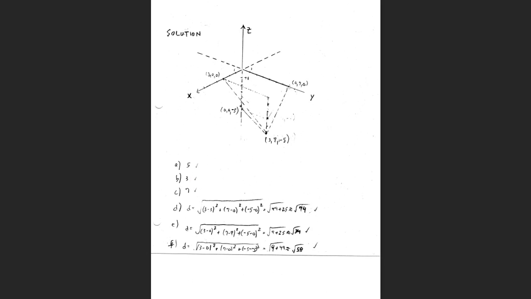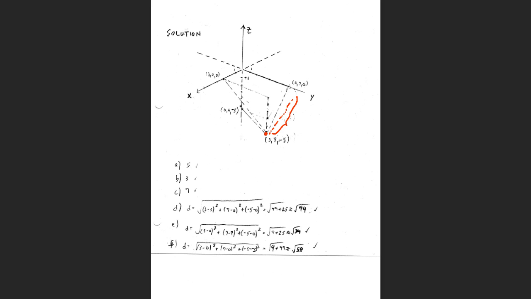So for B, you want the distance from the point (3, 7, -5), which is down here, to the YZ plane. Move out a horizontal distance till you hit the YZ plane.